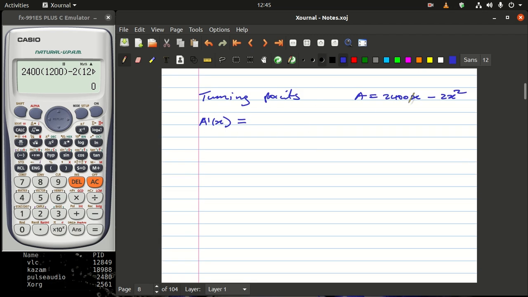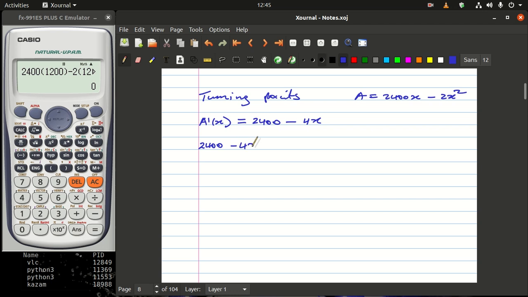And then the first derivative, what is the derivative of this? It's just going to be 2400, and then minus, I bring this down, I will end up having 4x. Now I set this equal to 0.